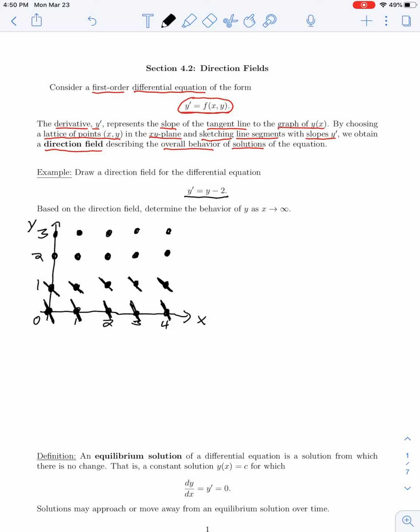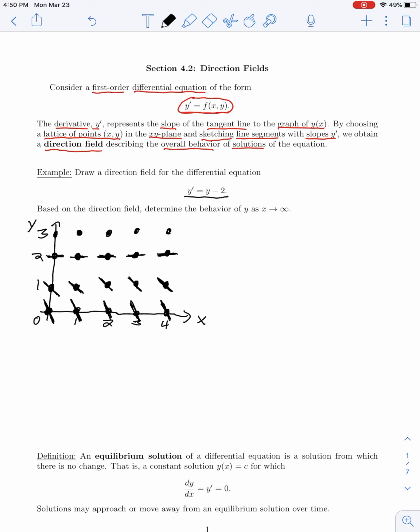Now, if we keep moving upward and choosing larger y values, for instance, if y is 2, we find that y prime would be 0. So for any point (x, y) on the line y equals 2, we have a slope for our tangent line of 0, or a horizontal tangent line.